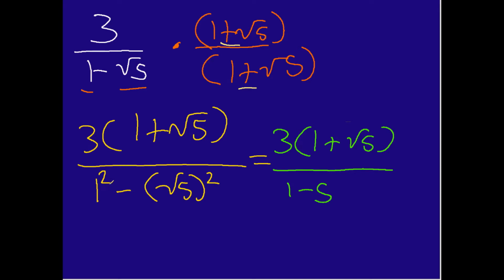The square root of 1 squared is 1, and the square root of 5 raised to the second power is 5, and we have the minus sign there. And of course, the final answer is as follows. We still have the numerator being the same, 3 times 1 plus the square root of 5, all over minus 4. That is our answer for the first example.